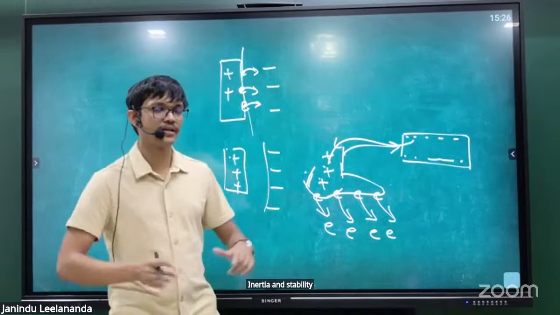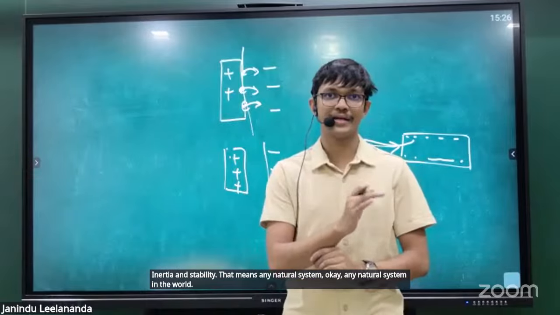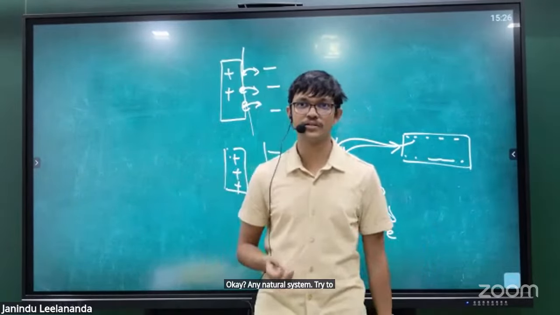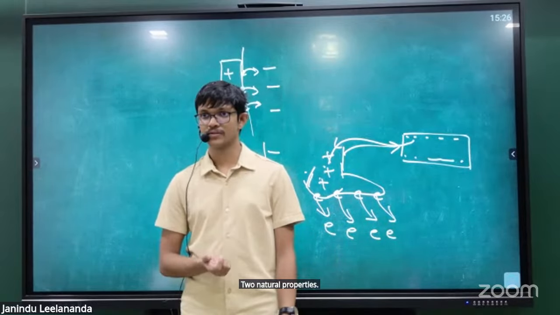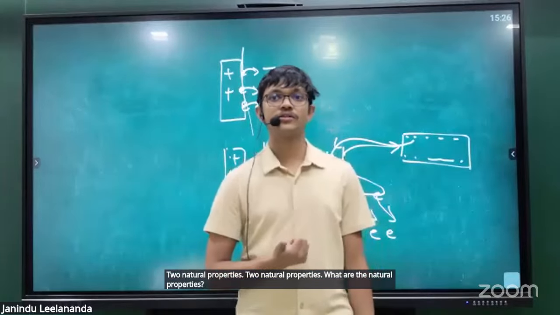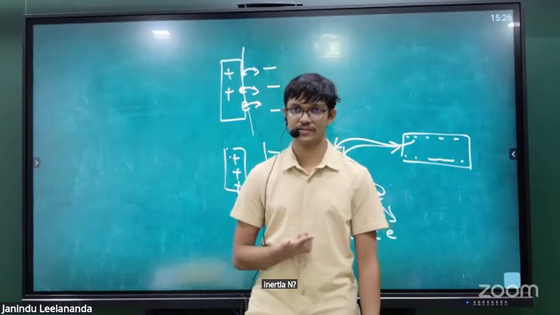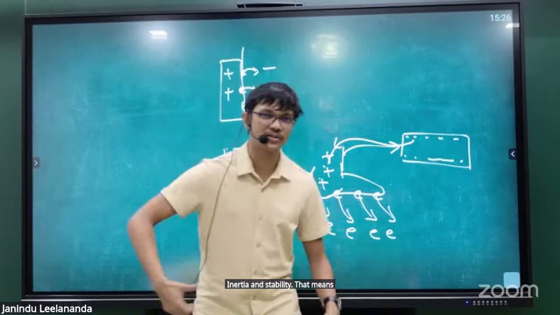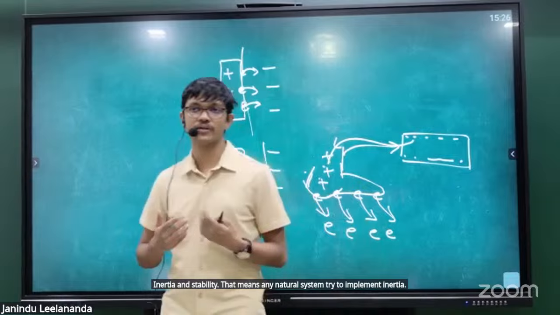That means any natural system in the world tries to comply with two natural properties. What are the natural properties? Inertia and stability. Any natural system tries to implement inertia in different ways.